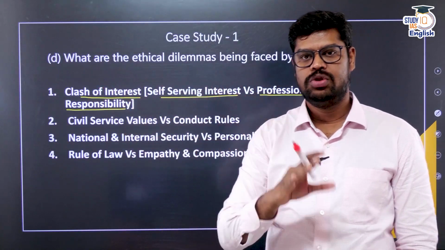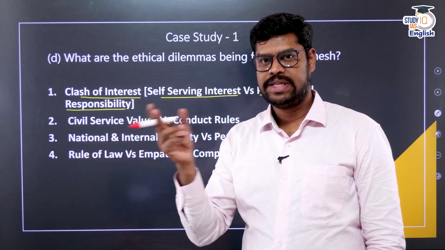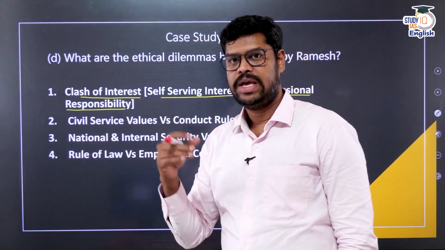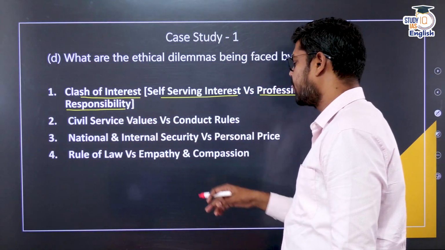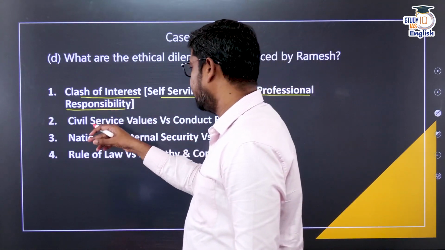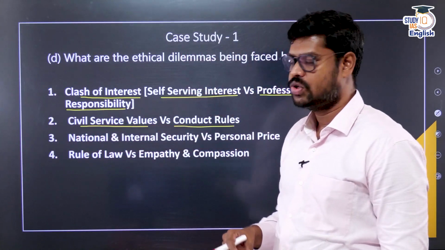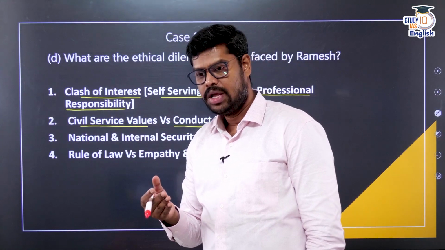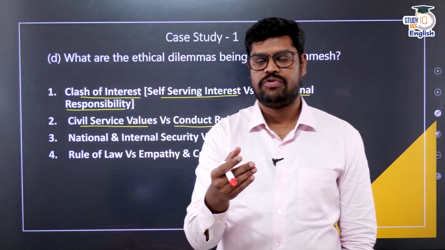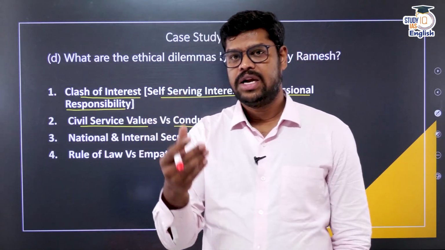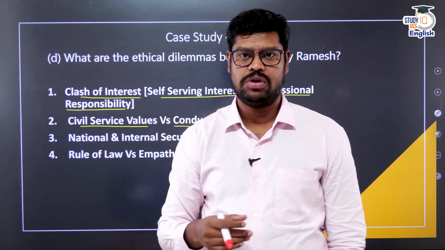So whether to do this or whether to do that. If I perform my duties and responsibilities, there can be a personal cost. So he has to decide which course of action to perform. And then there is also an ethical dilemma between upholding civil service values and the conduct rules. Civil service values talk about an officer being dedicated to his job and upholding the values of integrity and honesty.